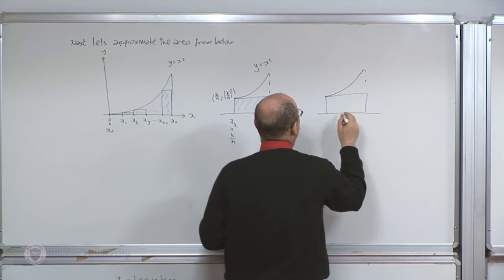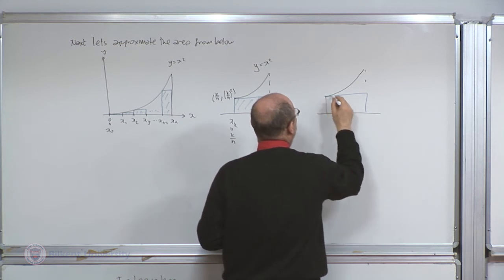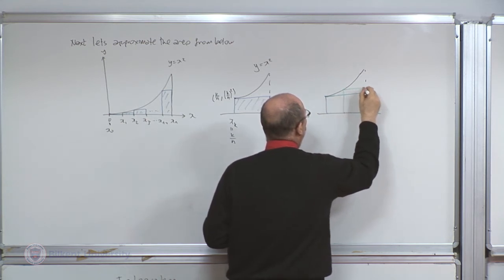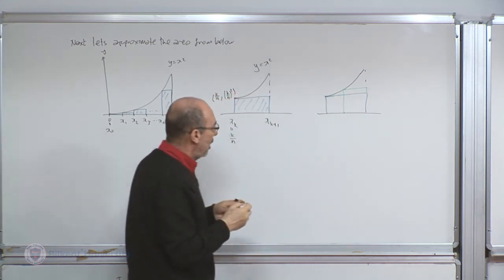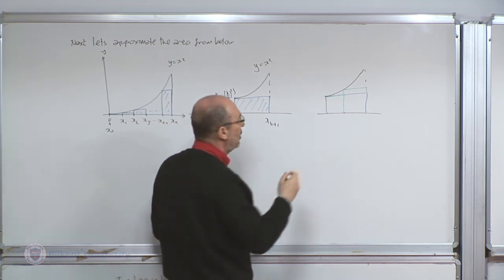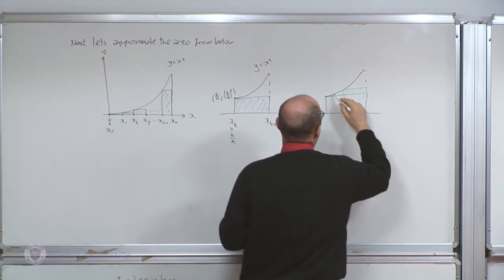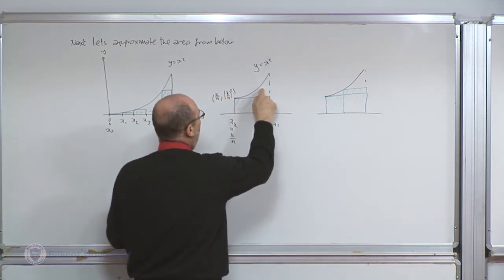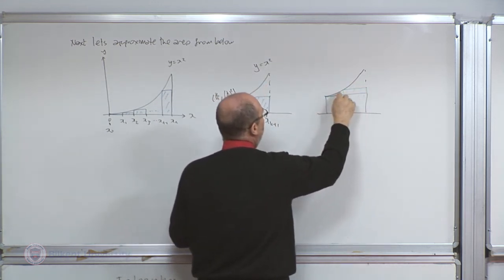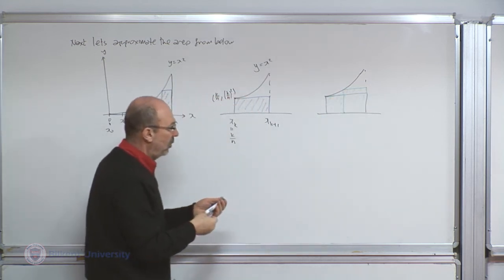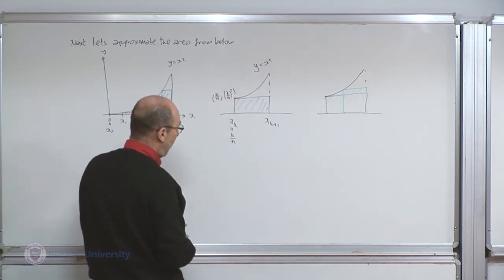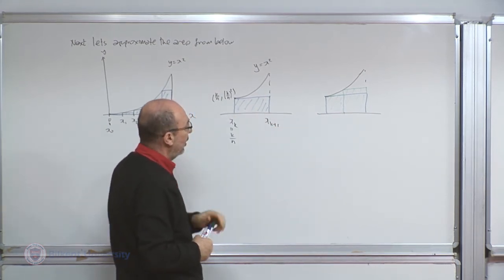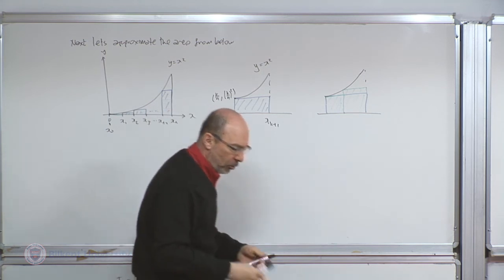For this one, I again have this rectangle, but for the next one, I go a little bit up. So again the error is smaller. Here the error was all of this, and now I shaved off something. Here we are again hoping that in the limit we will be very close to the area. So let's do that calculation.